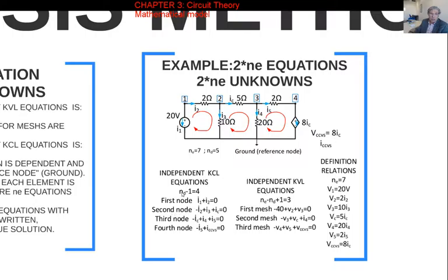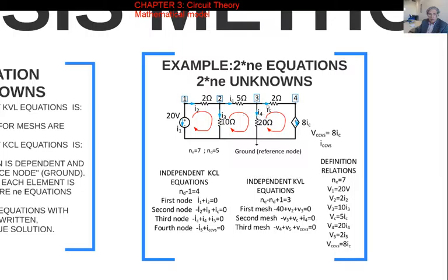For the second node, there are 3 elements connected, and I_C and I3 are coming out of the node, so the sign of those two is positive. The third current is coming towards the node, so the sign is going to be negative, so minus I2.